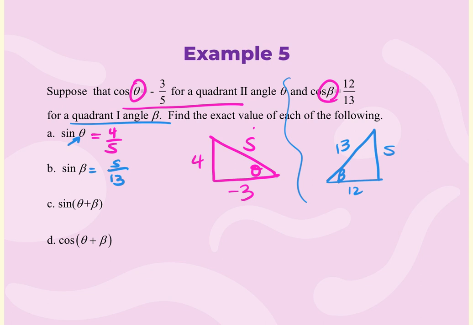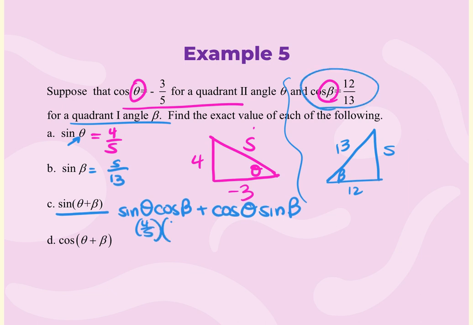Now it says use the sum and difference formulas here. Well, it doesn't say that, but you have to know that. If it's the sine of theta plus beta, we're going to do sine of theta, cosine of beta, plus cosine of theta, sine of beta. Sine of theta is 4/5. Cosine of beta is what was given to me up here, 12/13, but you could also find it from your triangle.